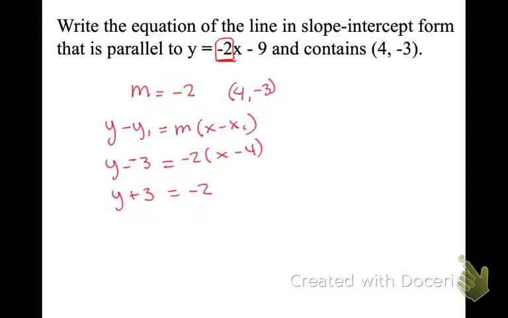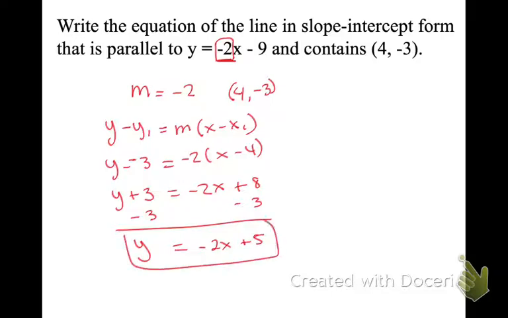Remember, I'm very deliberate with those double negatives. And here I get +8, check your signs, subtract 3, and y equals -2x plus 5.